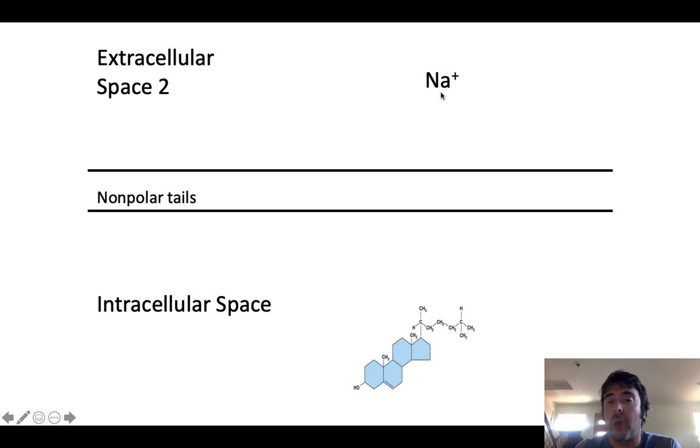Polar or hydrophilic molecules cannot get directly across the phospholipid bilayer, so they will bounce off. We refer to these as being non-penetrant. So you have penetrant and non-penetrant. Do they bounce off the phospholipid bilayer? Then they're non-penetrant. The most important non-penetrant solute for you to really understand in anatomy and physiology is sodium chloride, salt, right?